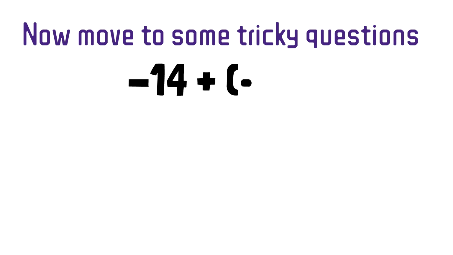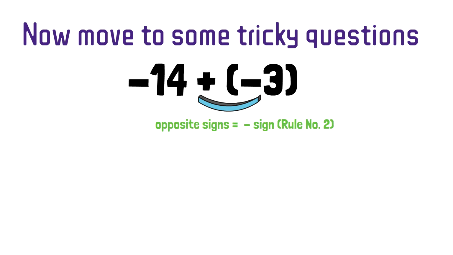Now, move to some tricky questions. Minus 14 plus minus 3. First, let 3 come out of the bracket. For this, we have to deal with the outside sign, that is plus. So, now plus and minus are opposite signs. So, follow the rule and put minus sign. Then rewrite it as minus 14 minus 3.